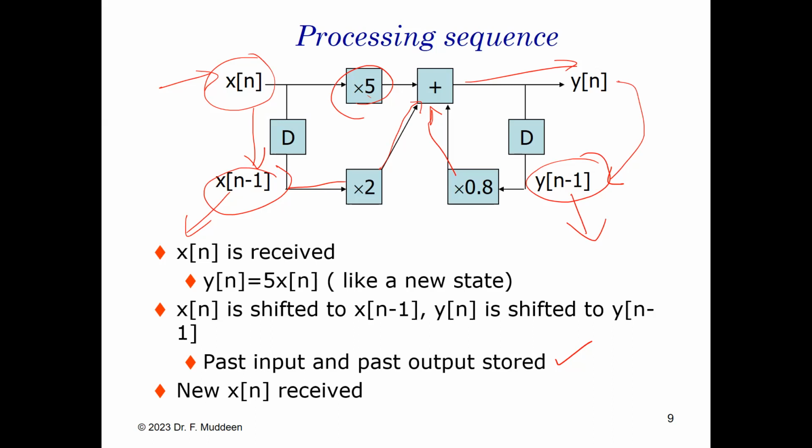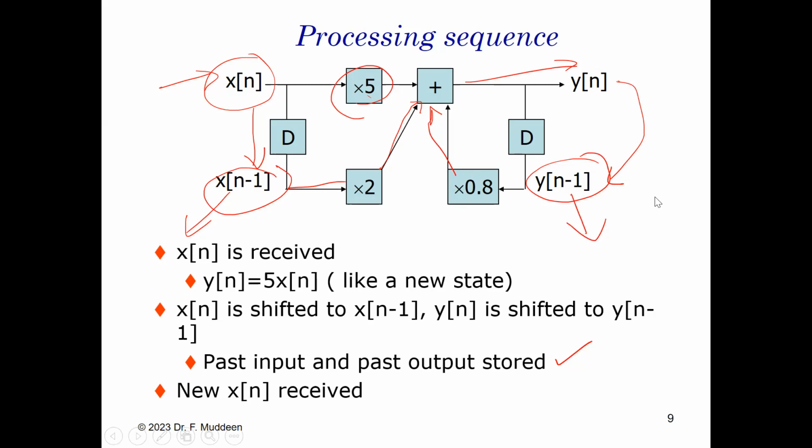So this is like a processing sequence where you're going from one state to another. Everybody following? Let me know if you're not following. We all right? Yes, sir, we're good.